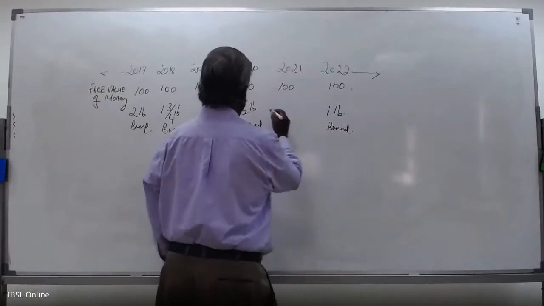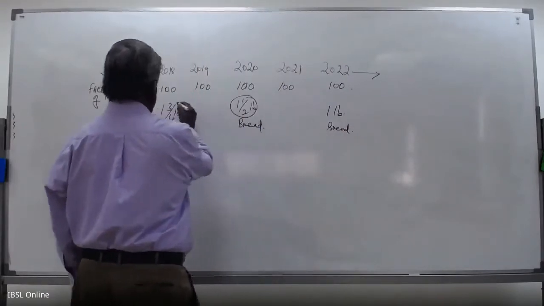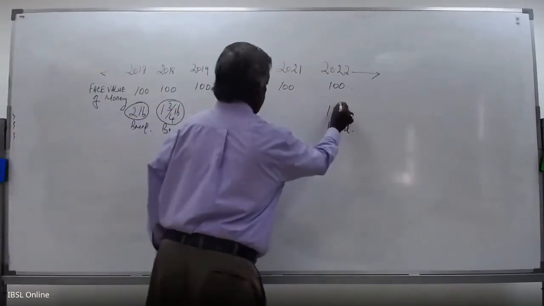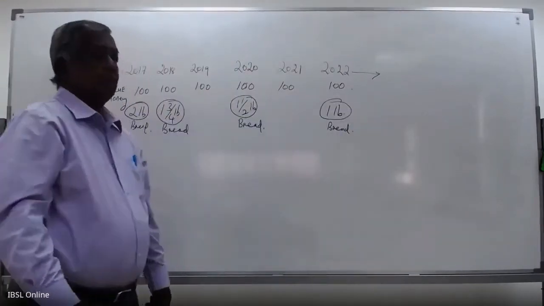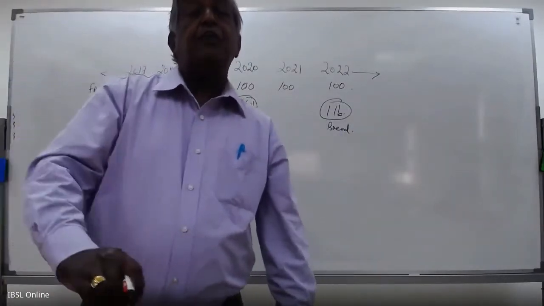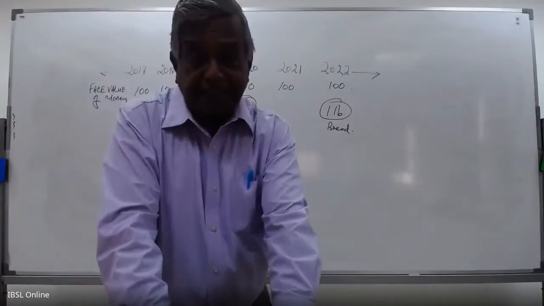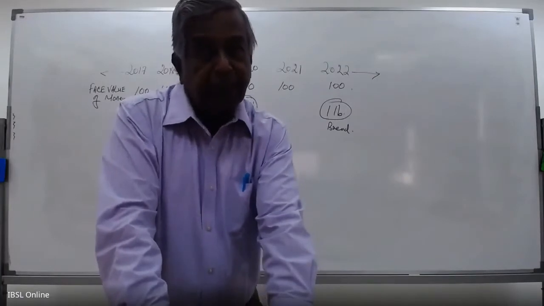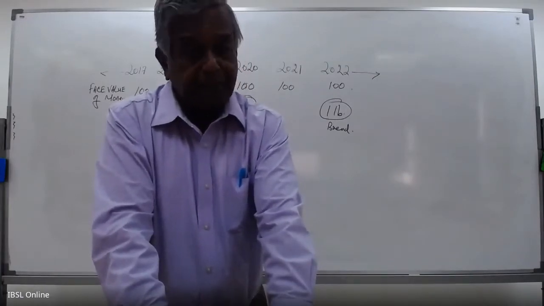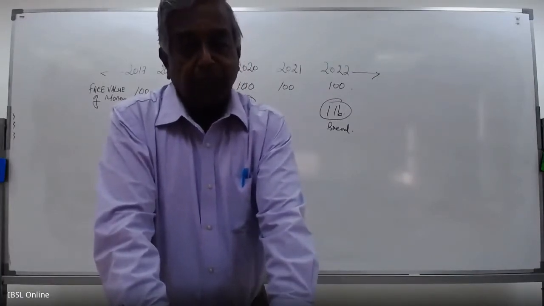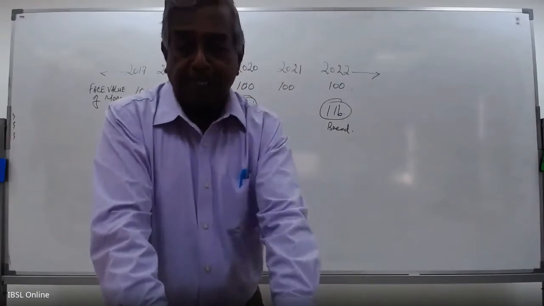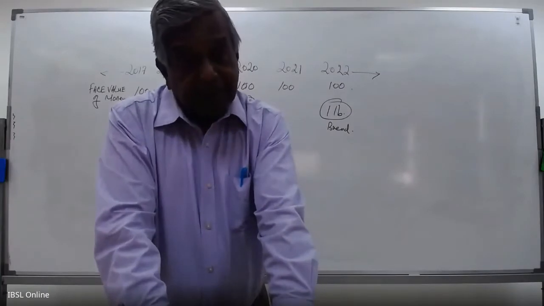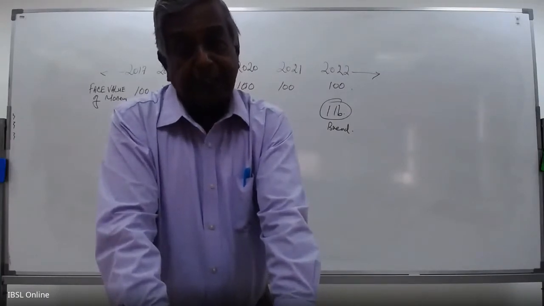What is happening? The purchasing value of money is getting reduced, diminished. While the face value of the money remains the same, the purchasing value of the money is getting diminished.